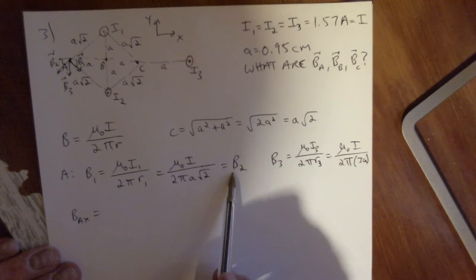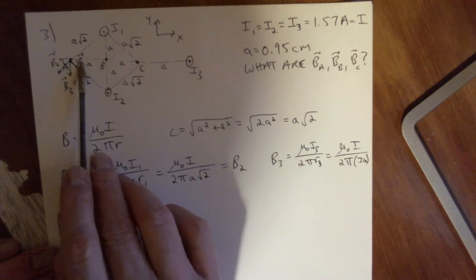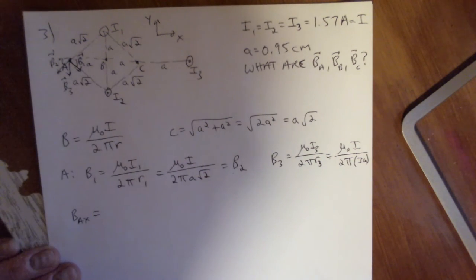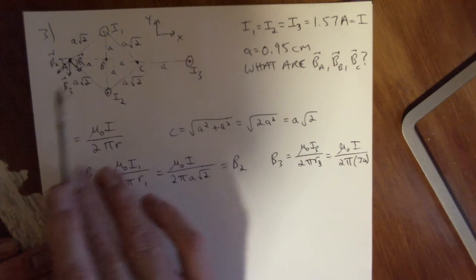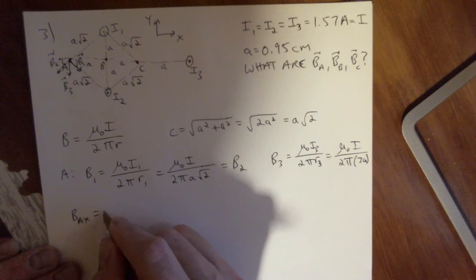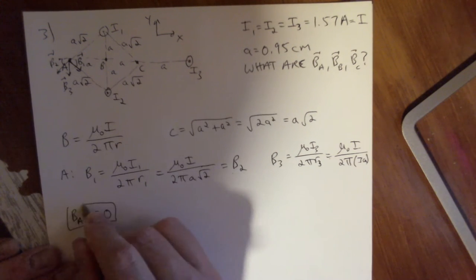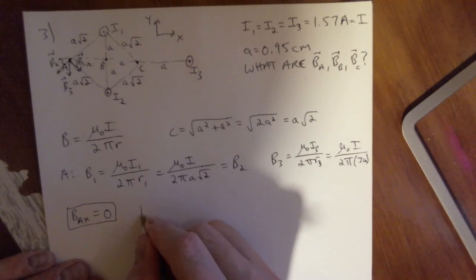But B1 equals B2, so the x components cancel. Plus, minus goes away. This one, B3, has no x component because it's straight down. So the total x component at A, at the first point, is 0. Just by symmetry.